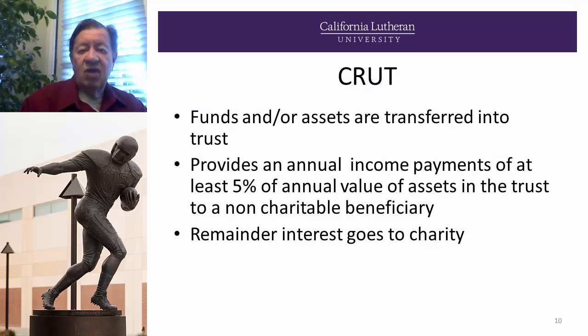Again, like the GRUTs we talked about, we can add assets to it each year, and the 5% or more, whatever value you take out here, could eat into the corpus, but it could also be less than total income, so it tends to be good that way. The big difficulty, quite honestly, is the annual appraisal, and if you have assets that require difficult appraisal techniques, it can become very expensive.